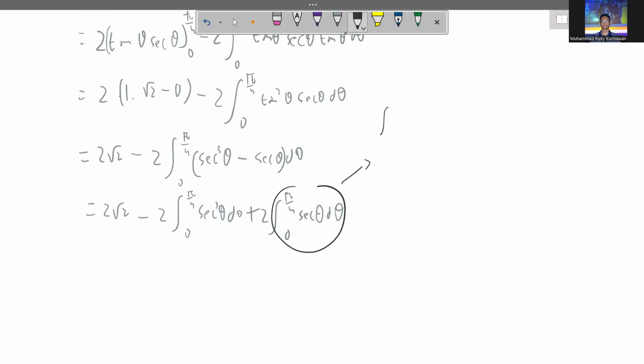So first of all, the integral of secant of theta d theta, if you've watched my previous video, you will know that this is equal to the natural logarithm of secant of theta plus tangent of theta.